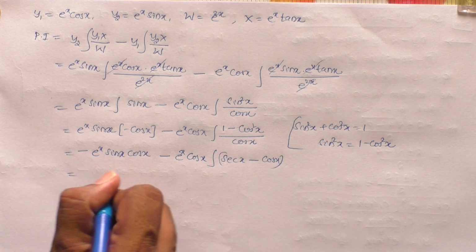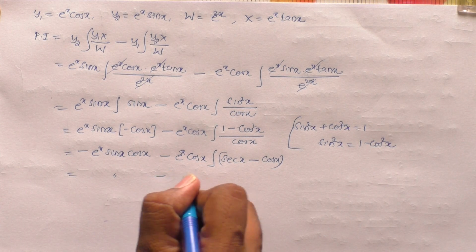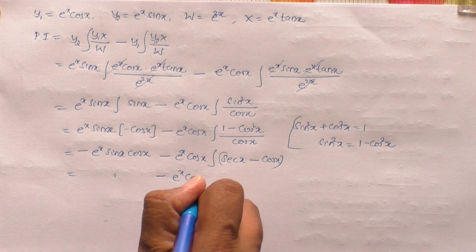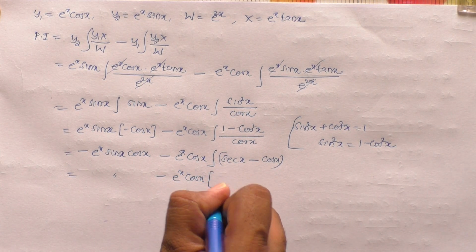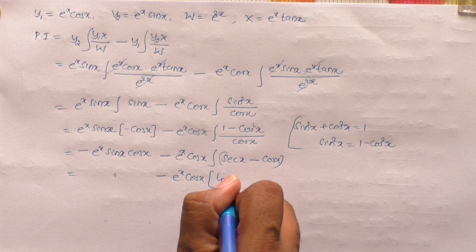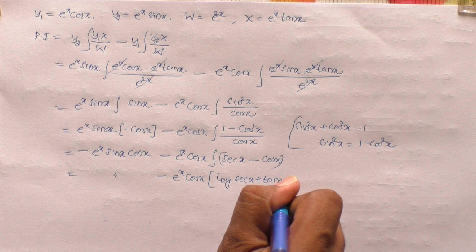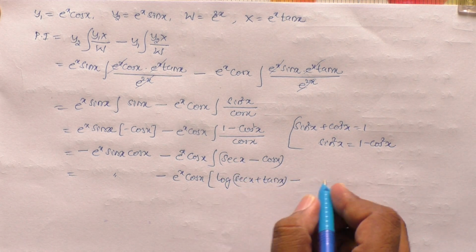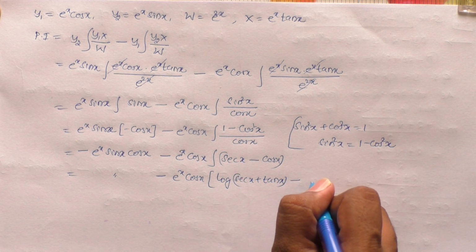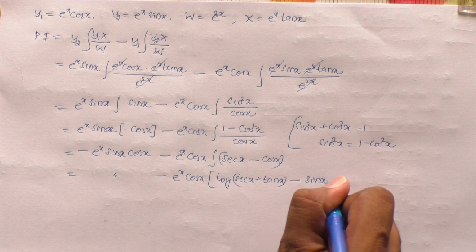So first term as it is, minus e raised to x cos x, integration of sec x, that is log of sec x plus tan x, minus the integration of cos x, which is sin x.